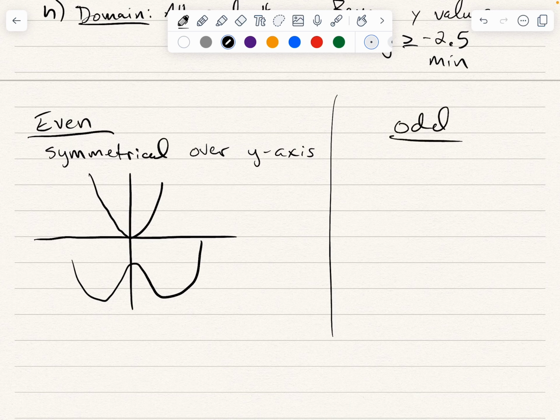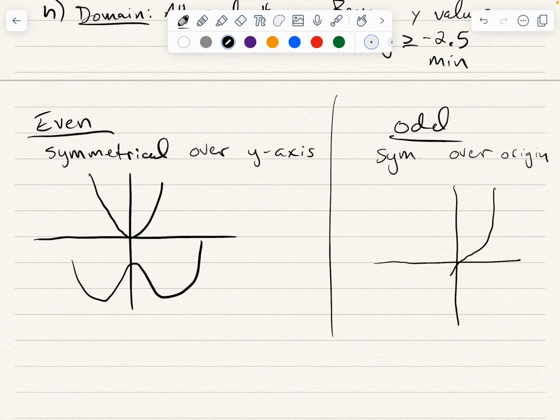Odd, the thing to look for is that it goes through the origin. So symmetrical over the origin, or over 0. For example, x to the third is symmetrical over that origin.